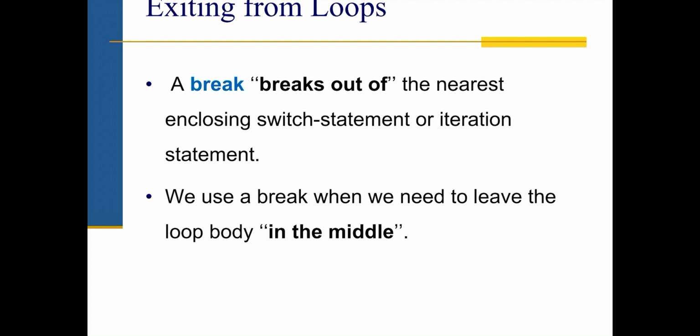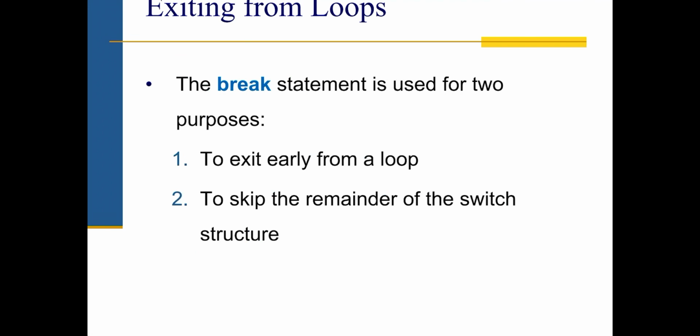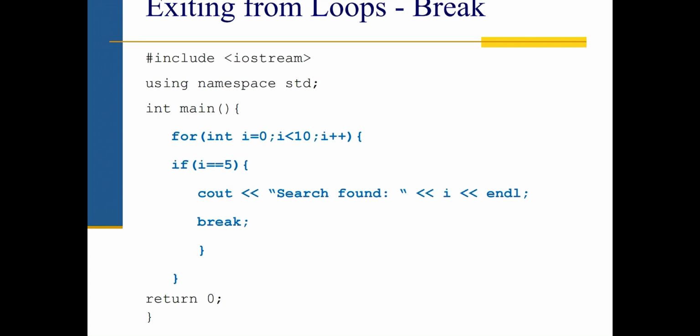So let's say you have a while loop whereby you write while, then you bring your true, then you close the parenthesis, and after writing your statement inside the curly brace, and you want to break that loop, you bring break, then you terminate. So the break statement is used for two purposes: to exit early from a loop and to skip the remainder of the switch structure. So this is how to use the break.